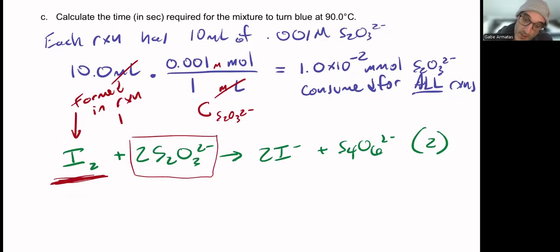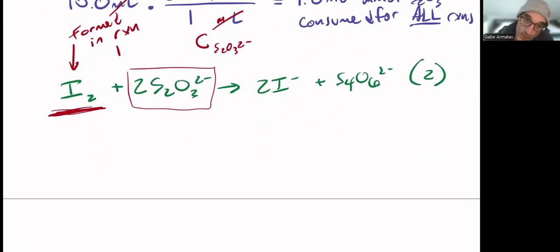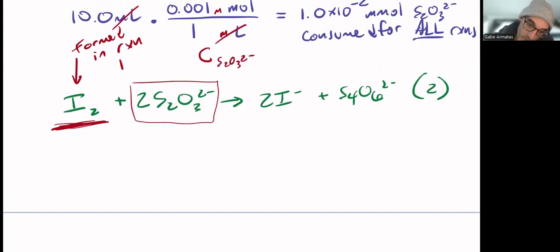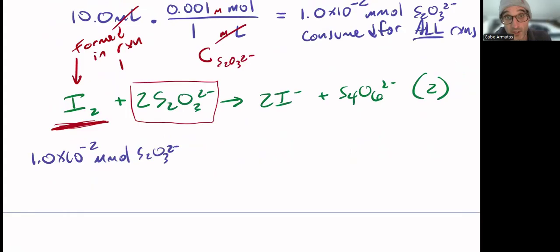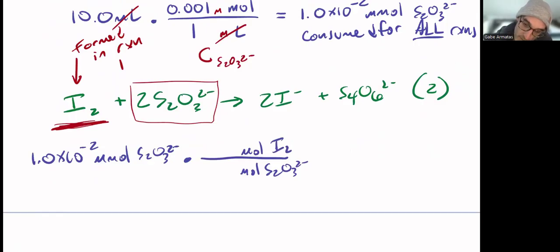So right here, we're going to take that equation and say, if we end up consuming 1.0 times 10 to the negative 2 millimoles of S2O3 for every single reaction, reaction 2 says that I want moles of S2O3 to go away, and I want moles of I2 to remain.